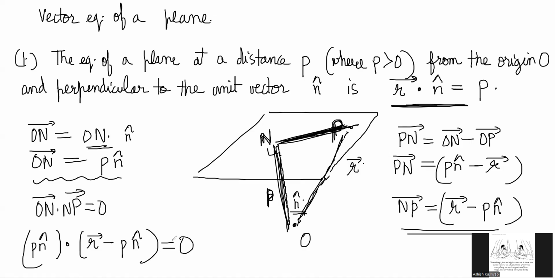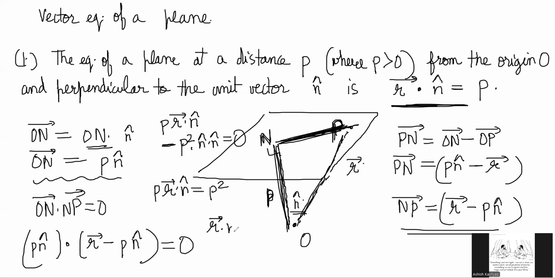And that will give us p times r dot n minus p square n dot n. n dot n will be 1, is equal to 0. So you are getting p times r dot n is equal to p square. So r dot n is equal to p.